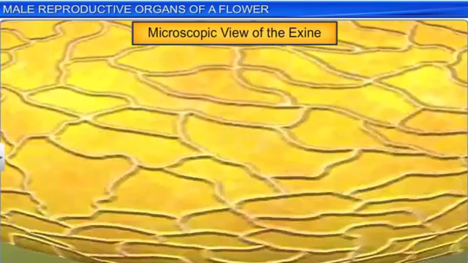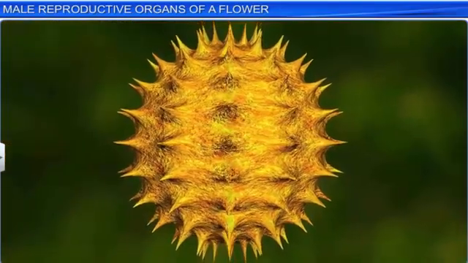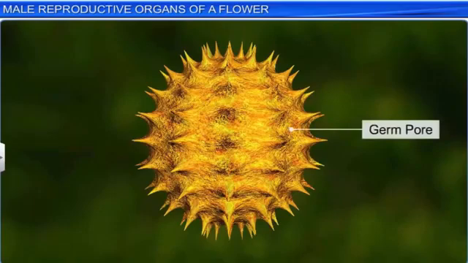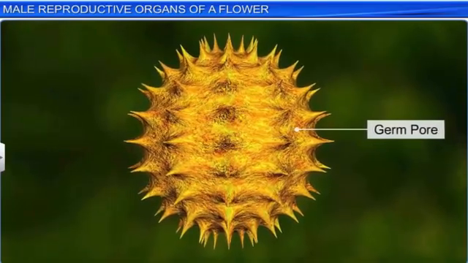Hence, pollen can be well preserved as fossils. However, sporopollenin is not present in the germ pore, an aperture present in the exine through which we see the germination of the pollen tube.